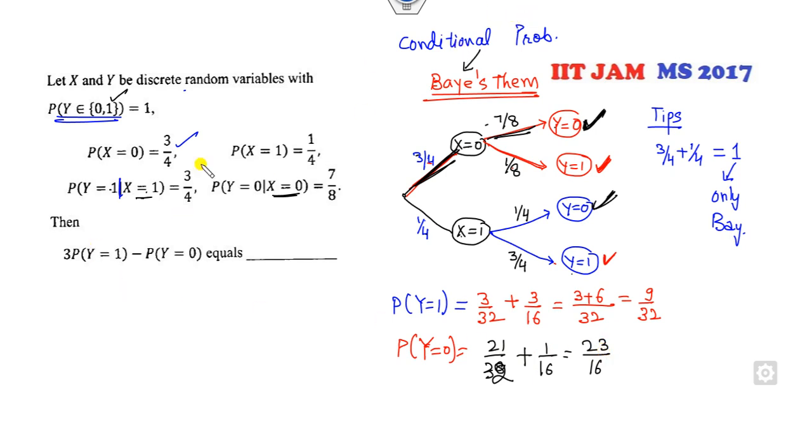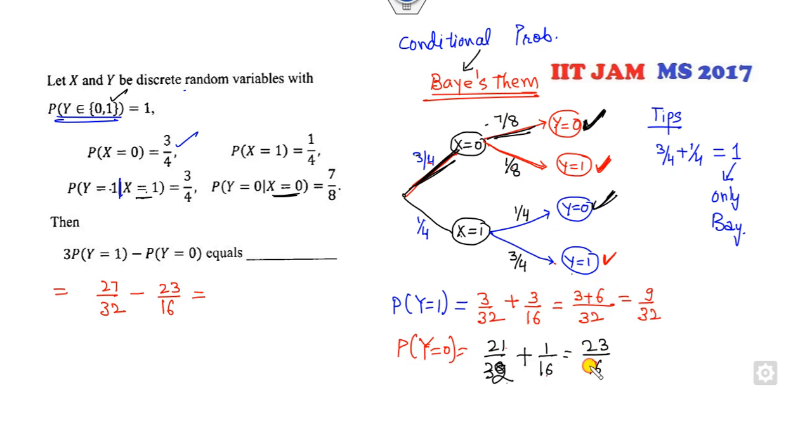Now I can substitute this value here. 3 times of this, 9 over 32 minus y of 0, 23 over 32. Fine. Now, is it true? 7, 3, 21 is 21 over 32 and the other is 23. So can you take the LCM of this?